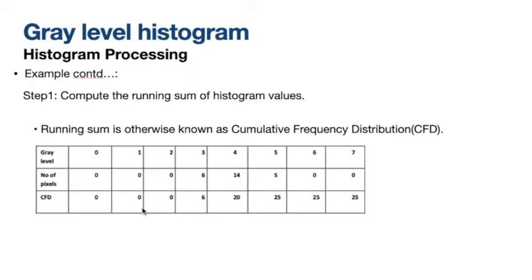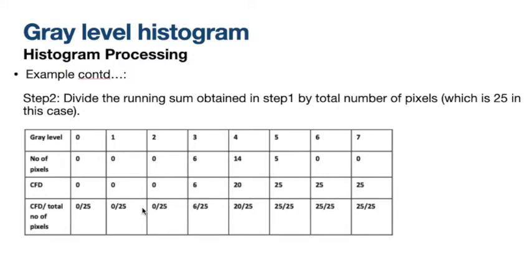Okay, then step 2, you have to divide the running sum obtained in the last step by the total number of pixels. Here the total number of pixels is 25.